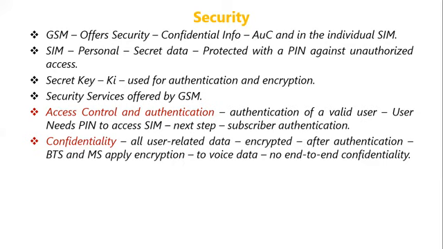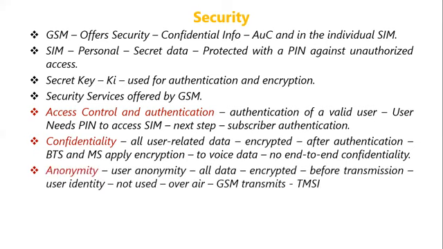Encryption is done on voice, data, and other signaling information. It does not provide end-to-end encryption. The encryption is only between the BTS and the MS. So this is the second security service offered by GSM.